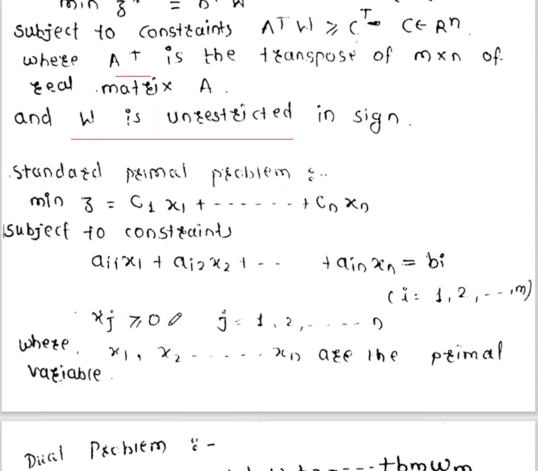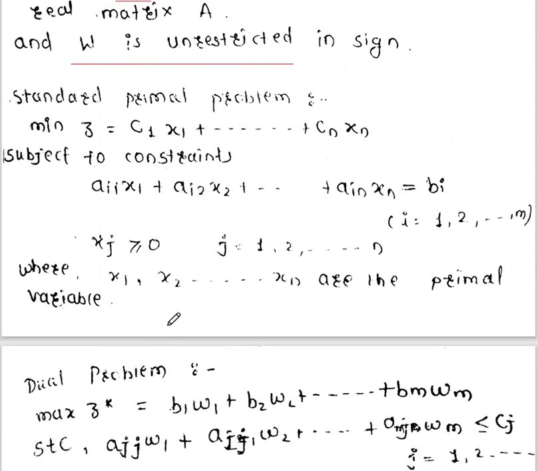Okay, now we will see how to convert a minimum problem to a maximum problem, or we can say, if the problem is in the form of minimum, then what is the dual of that problem? Let us see the standard primal form.